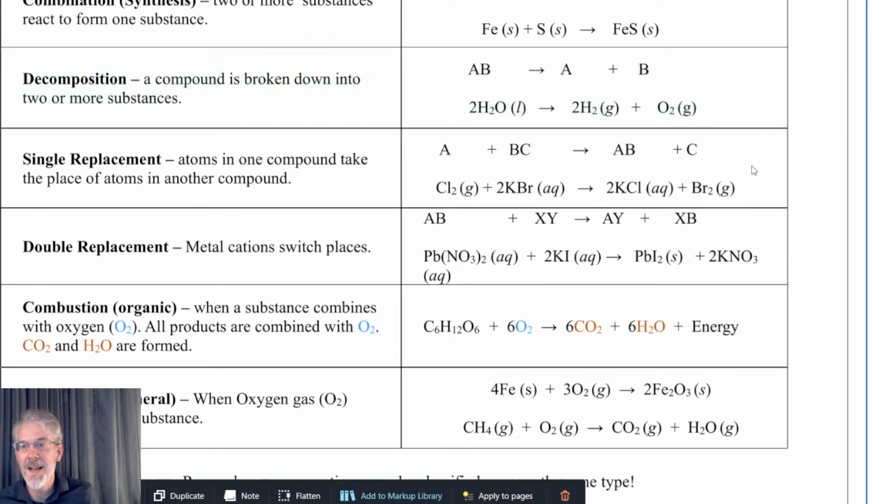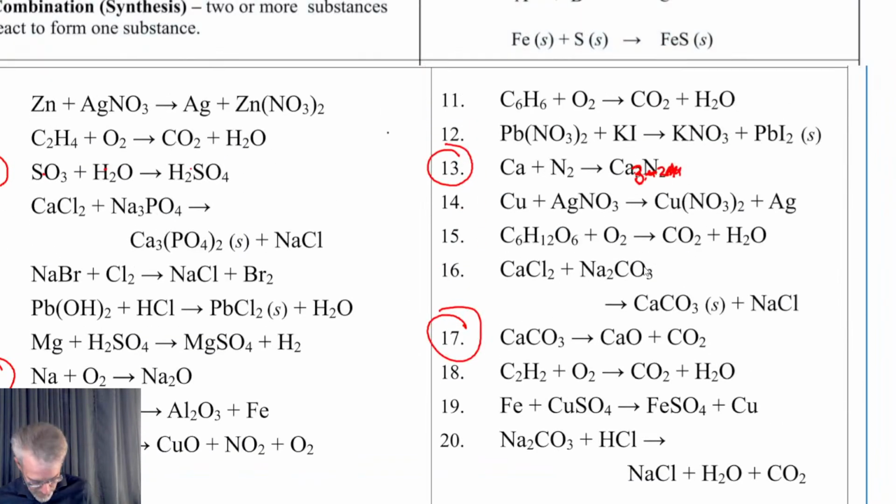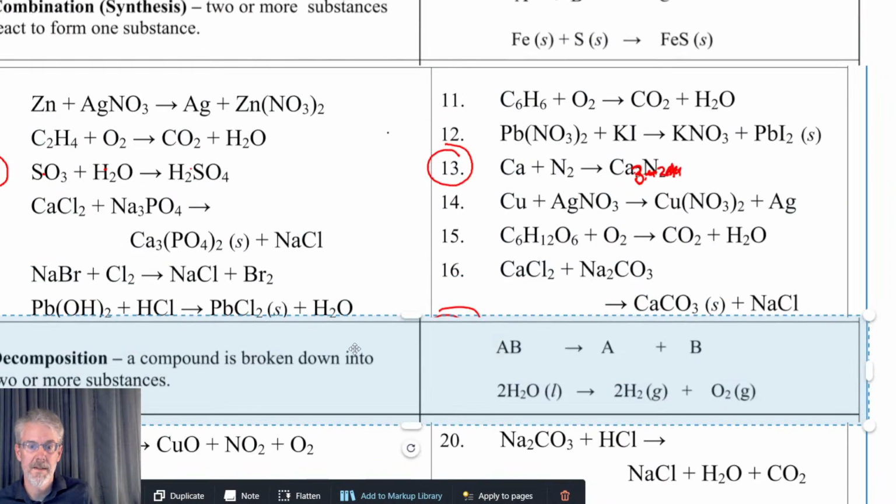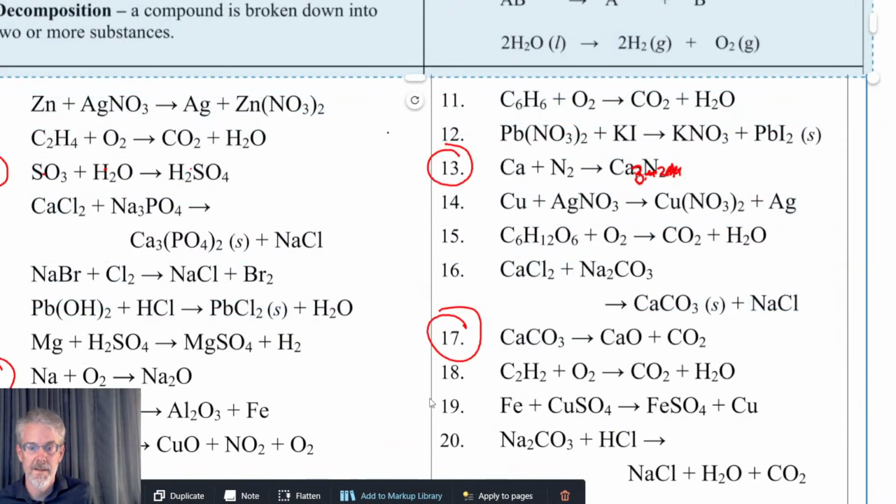All right, so decomposition. I almost don't even need to put this down here. You should be able to see the decomposition's pretty easy. So which ones are decomposing? Breaking apart. One thing breaks into two, or it could break into more different things.